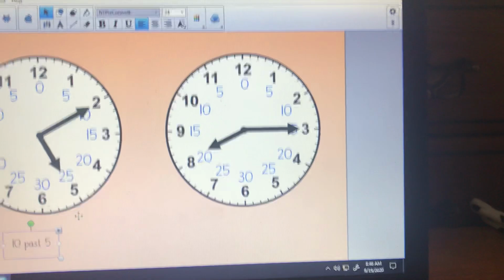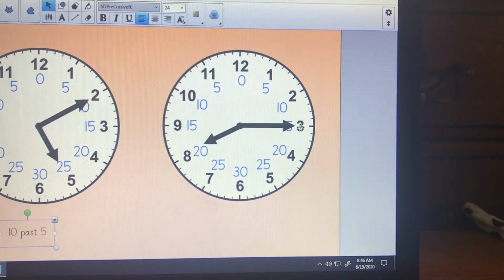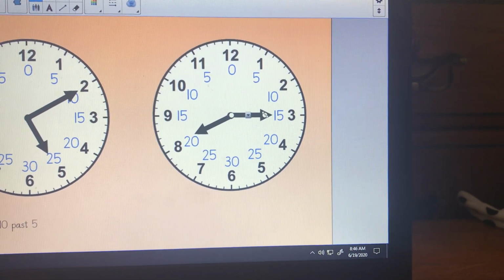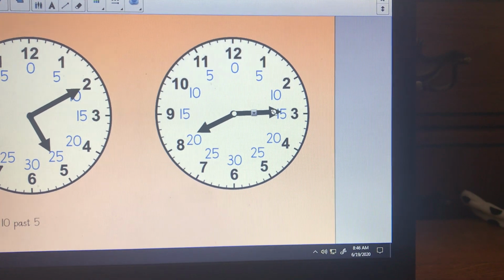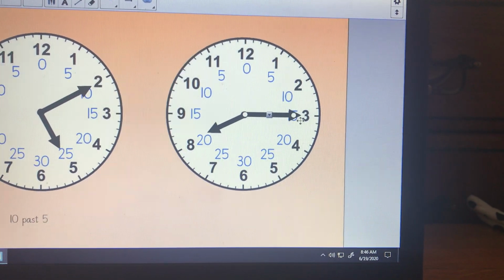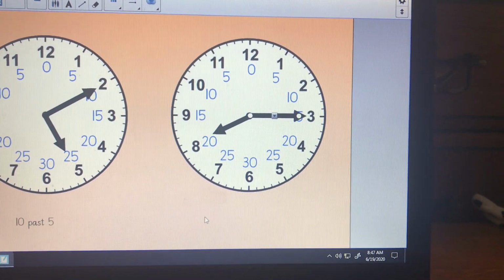Okay. This clock over here, again, let's look at the minute hand. The longer hand is pointing to the 3. If I just take it back a little bit, I know that that is the same as 15 minutes past. I've also remembered that actually we say quarter past when the minute hand is pointing at the 3.